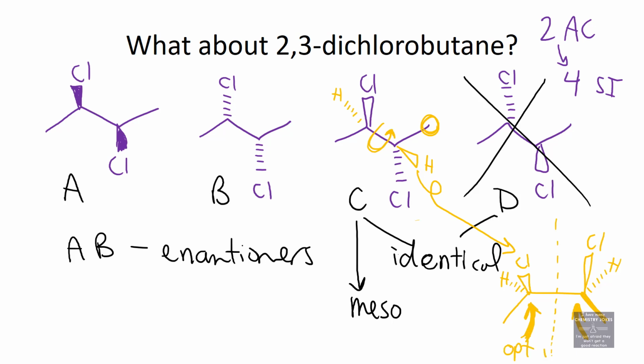Meso compounds are optically inactive, which also means they're achiral. Meso compounds do not rotate plane polarized light. Enantiomers do, meso compounds do not. Meso compounds do not have an enantiomer because meso compounds have superimposable mirror images.